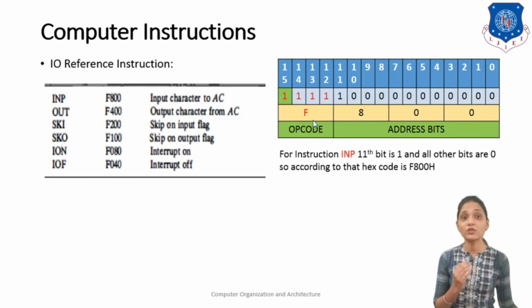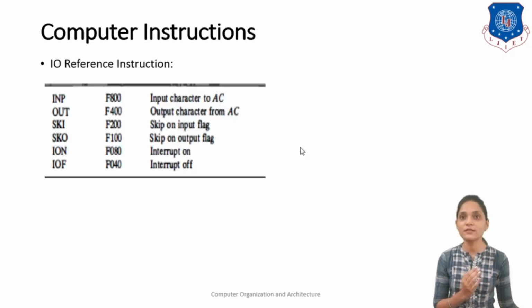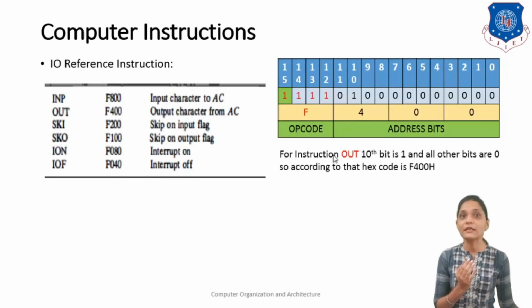So according to that, your operation code, or you can say hex code, for this instruction will be F800. And similarly, if we consider a second instruction like OUT, then for the OUT instruction you have the 10th bit 1, so that your operation code will be F400, and so on for all other instructions. So in this way we can use this IO reference instruction.